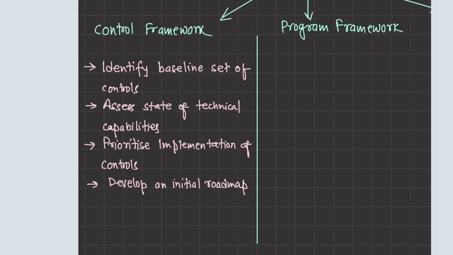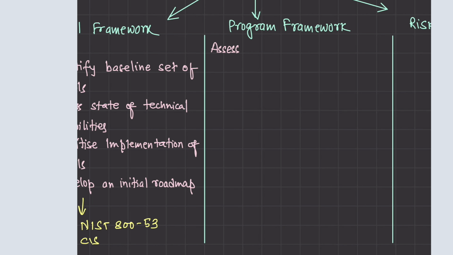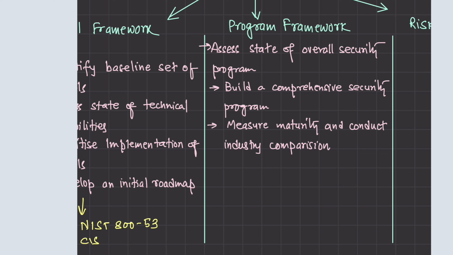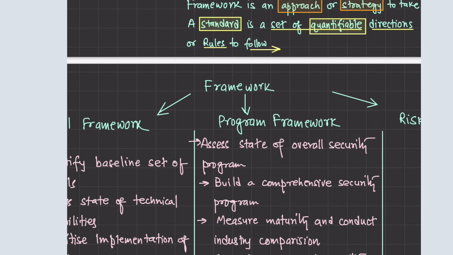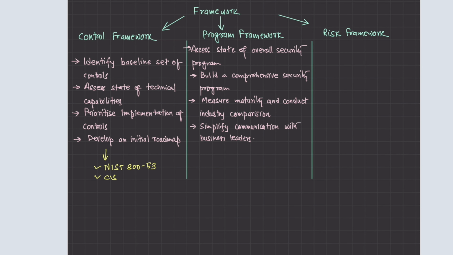For example, we can think of NIST 853 and CIS controls.